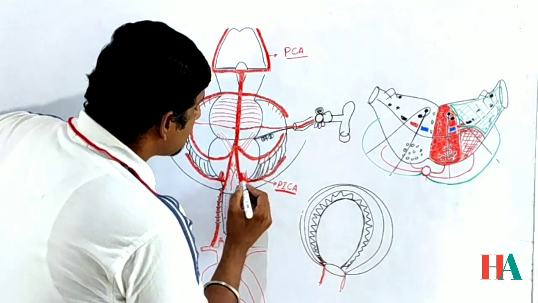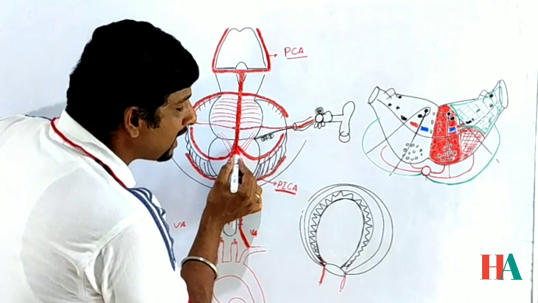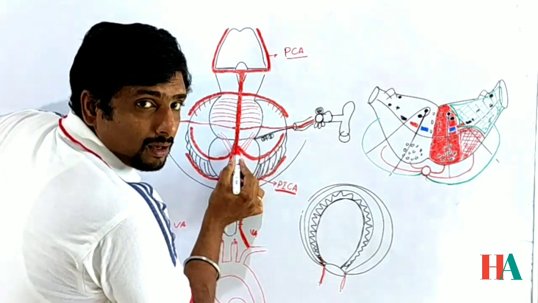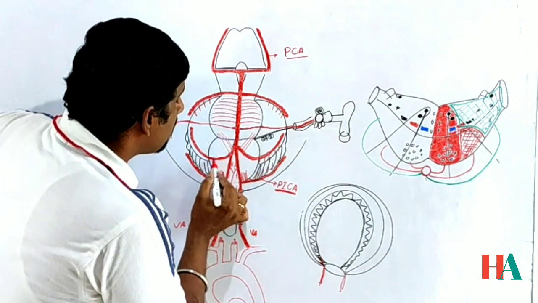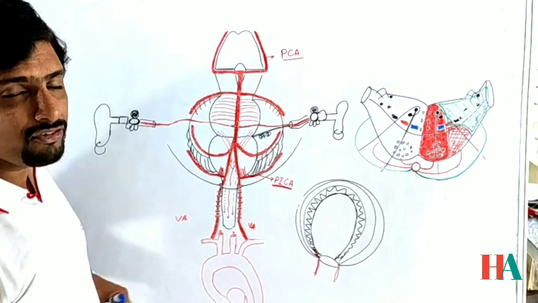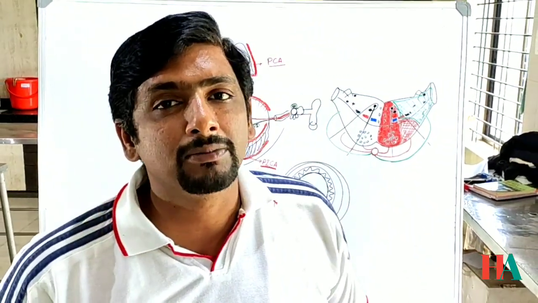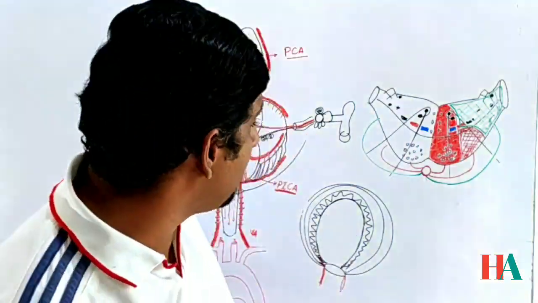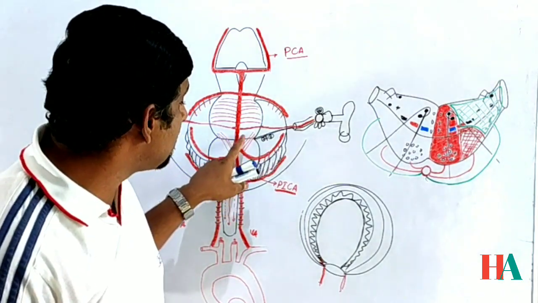As it comes upwards, you can see here I have made one branch arising from the basilar artery, and another branch arising from the vertebral artery. You will find that certain anatomy textbooks tell that this artery is a branch of the vertebral artery, and some textbooks tell that it is a branch of the basilar artery.